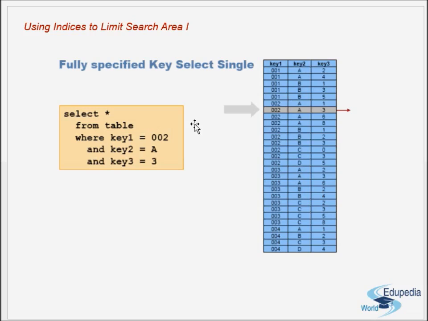Here also, because all the columns in the table are mentioned in the select statement, when we use the index it will work very quickly, and it will give the output. So this is a fully specified key.